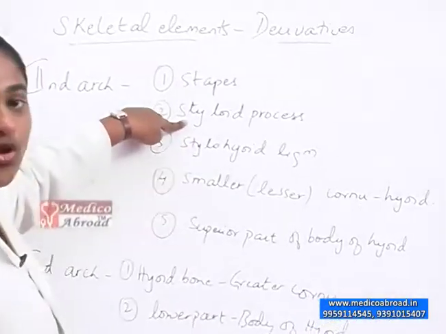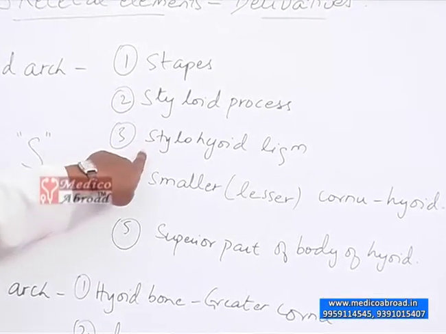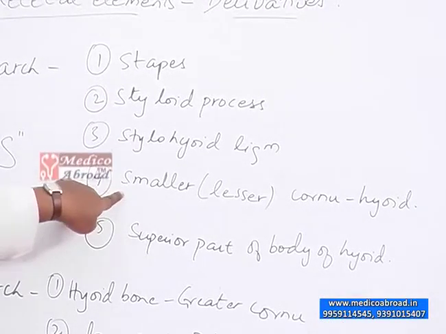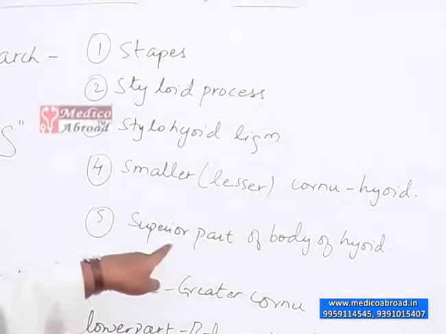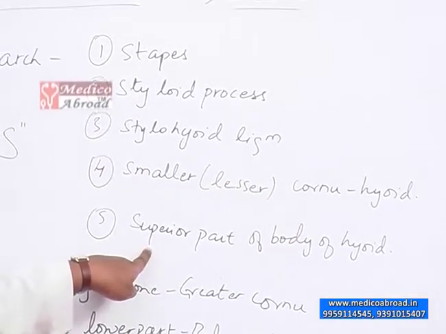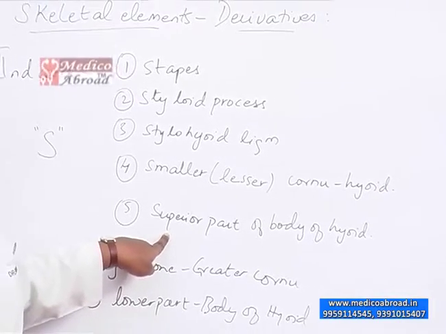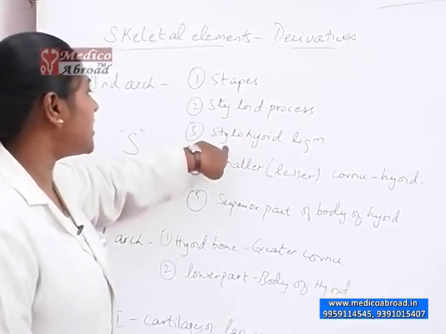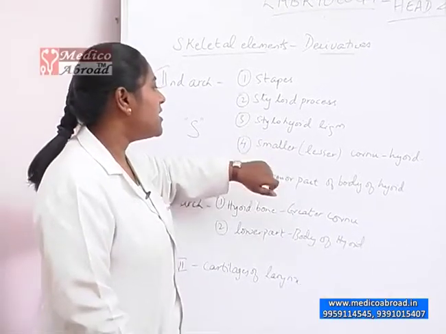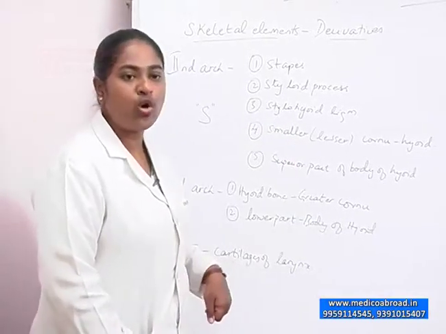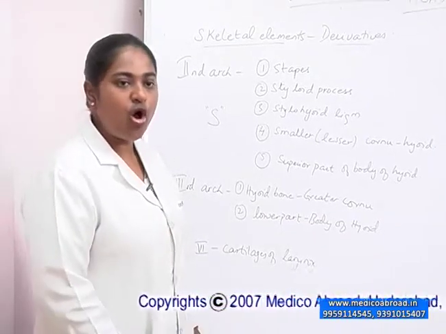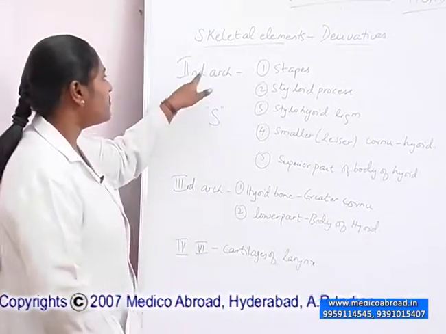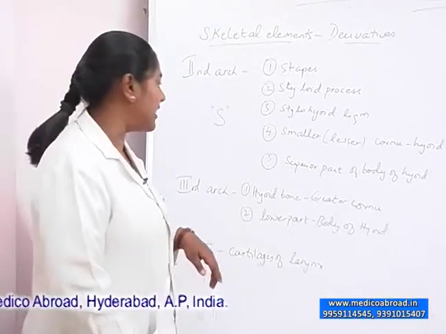Stapes, styloid process, stylohyoid ligament, smaller or lesser cornu of the hyoid bone, superior part of the body of the hyoid. All S bones arise from the second arch.